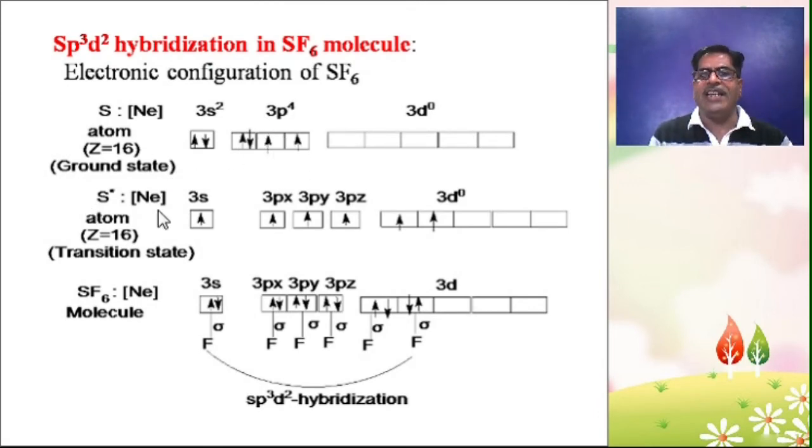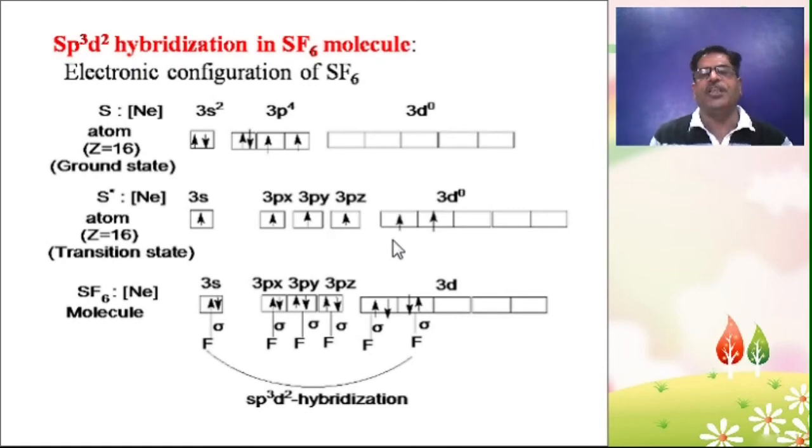So by gaining some energy, the sulfur atom goes to the excited state, and one electron of 3s and one of 3px will be promoted to the vacant 3d orbitals.